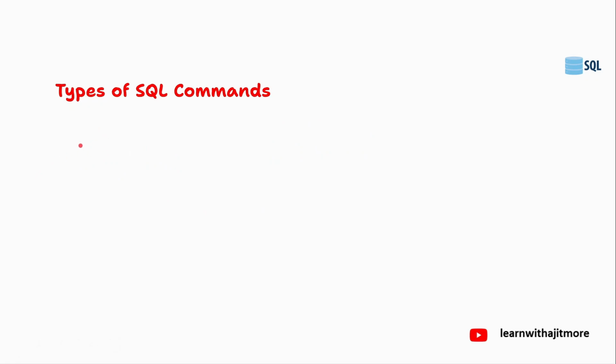Okay? Then we have DCL, that is data control language. In this, authentication and authorization. Okay? Authentication means validating whether the user is legal or not by accepting the username and password and verifying whether that username and password is correct or not.